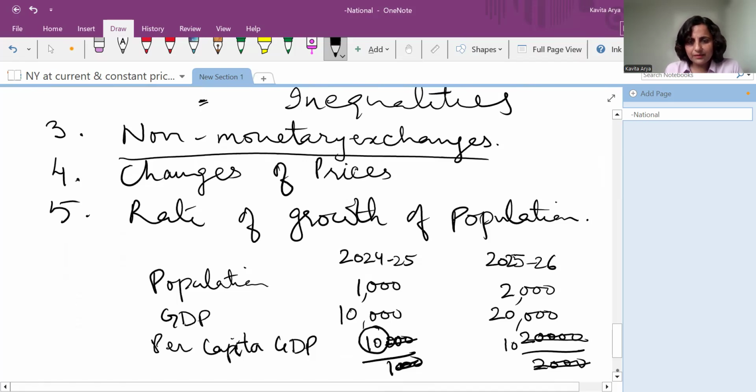It tells that the per head GDP is the same, 10 or 10. When the GDP doubled the next year, the GDP in this case doubled, but the benefits to the people remained the same because the population also grew. So sometimes the benefits of GDP take a back seat because the population is also growing and there is not much benefit per head in the economy.